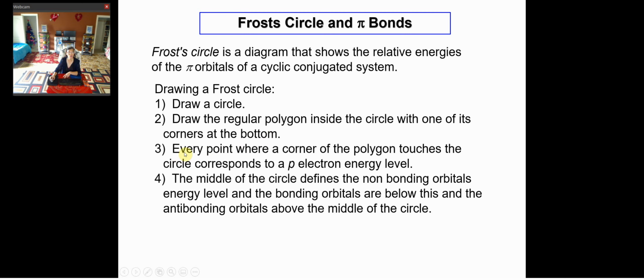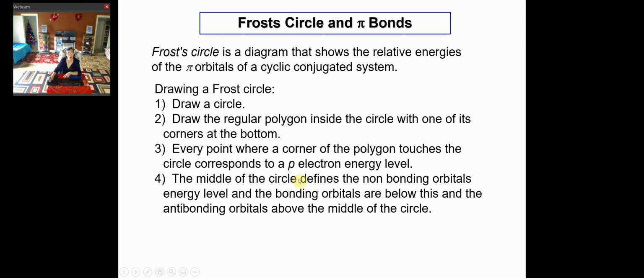You allow each corner of your polygon to touch the circle. That point of contact corresponds to a pi molecular orbital energy level. Possibly you're already confused. We are going to show you in the next slide. And then you are going to cut your circle in half.